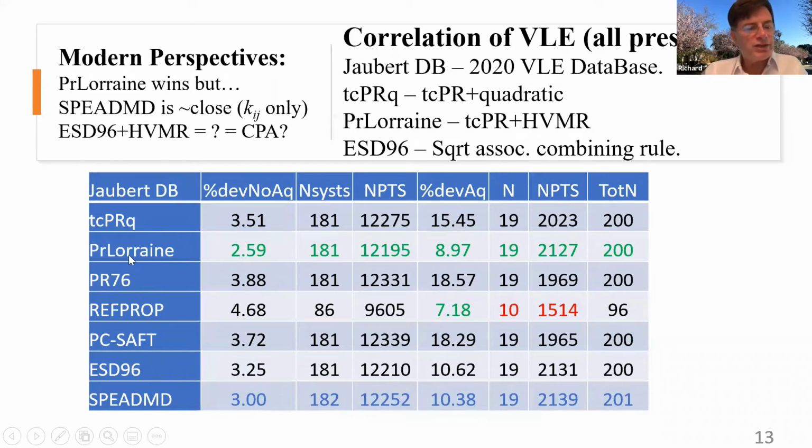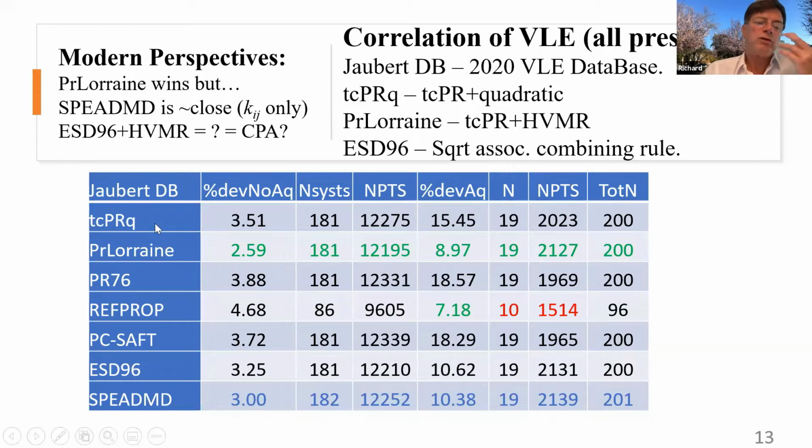And what we can see is this PR Lorraine, which is the same method as the translated consistent Peng-Robinson that I talked about with the vapor pressures. So it's the same equation of state for the pure fluid, but I wanted to consider and compare both quadratic mixing rules for that equation of state, the traditional quadratic mixing rules, and their Huron-Vidal local composition mixing rules.